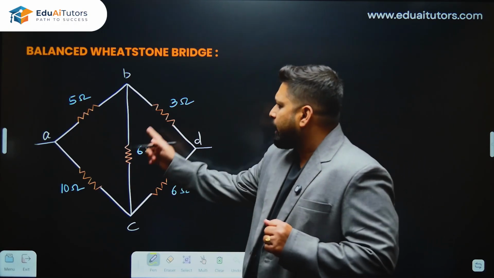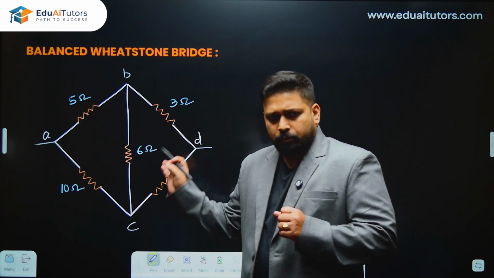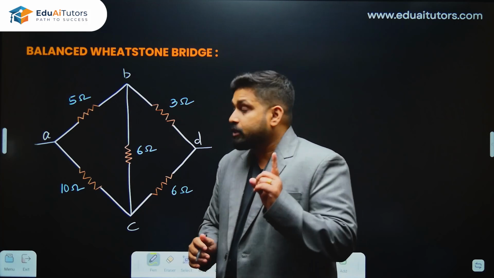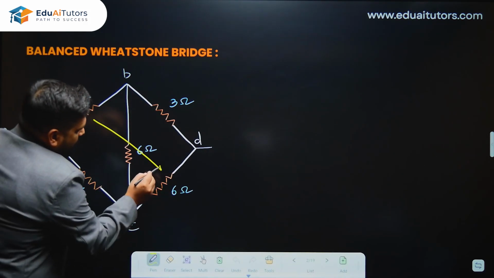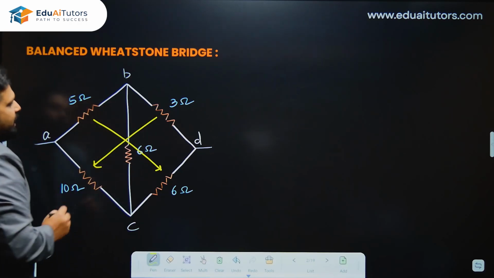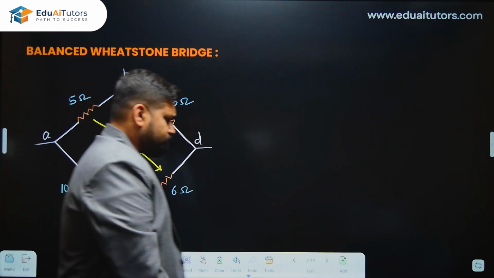If you look at this circuit, it is known as a Wheatstone bridge circuit, and it would be balanced if the cross product across this bridge is equal. As you can see, 5 into 6 is 30 and 3 into 10 is 30.